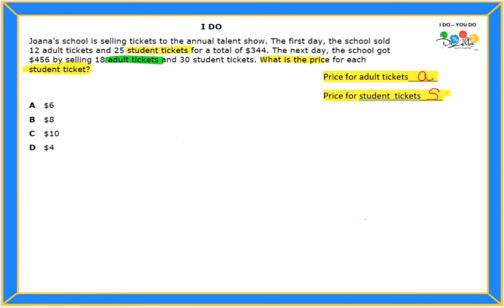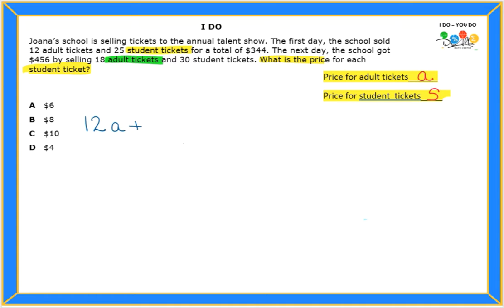The first thing I need to do is write down my system of equations. So let's go back to the question, and it says something about the first day. The first day the school sold how many? 12 adult tickets. If the school sells 12 adults, remember A is the price for adults, so I am going to write down an equation as 12A, because that will give me how much money they got from selling the adult tickets.